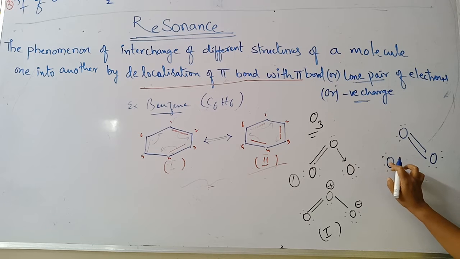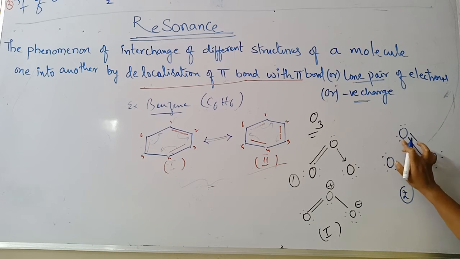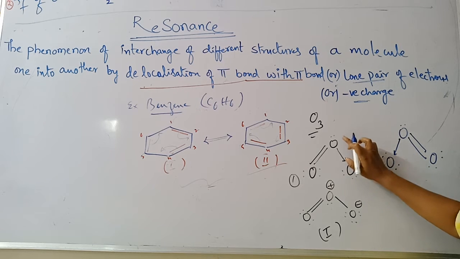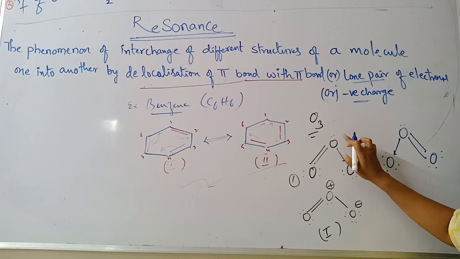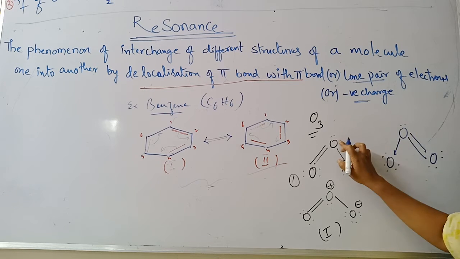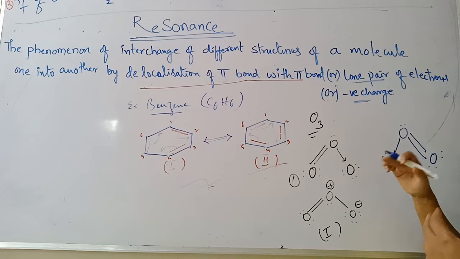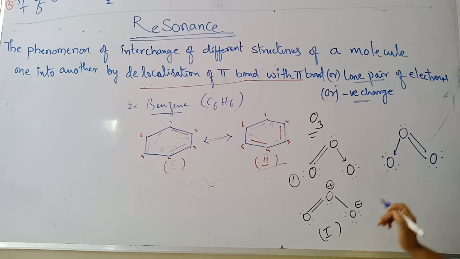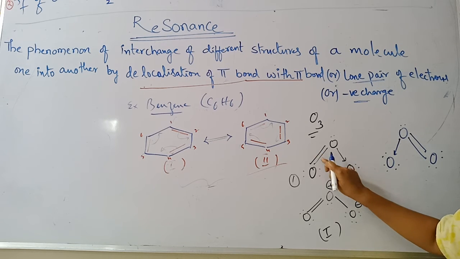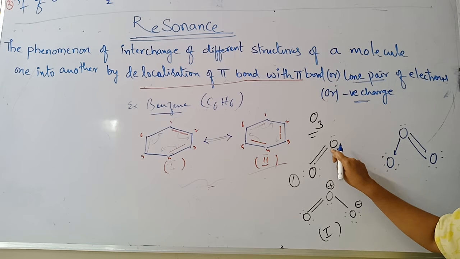This third one is not using any of its valence electrons to make a bond with the second oxygen. Both electrons are donated by the second oxygen to make the bond. So what is this one? Coordinate covalent bond. Around this middle oxygen, how many bonds can you see, whether it's the first structure or second structure? 1, 2, 3.